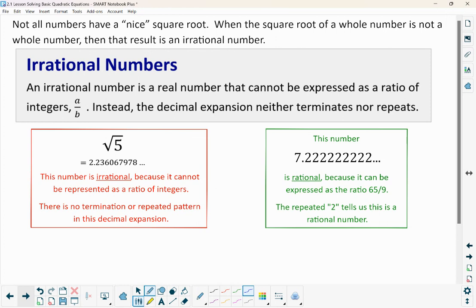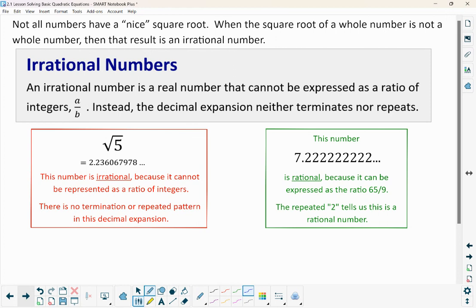So not all numbers have nice square roots. When you have a square root of a whole number and the result is not a whole number, then that result is something called an irrational number. Irrational numbers are real numbers that cannot be expressed as a ratio of integers. They can't be expressed in fraction form. Instead, if we look at their decimal expansion, that decimal expansion neither terminates nor repeats.